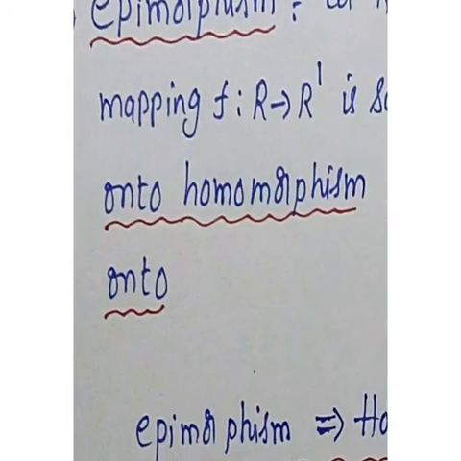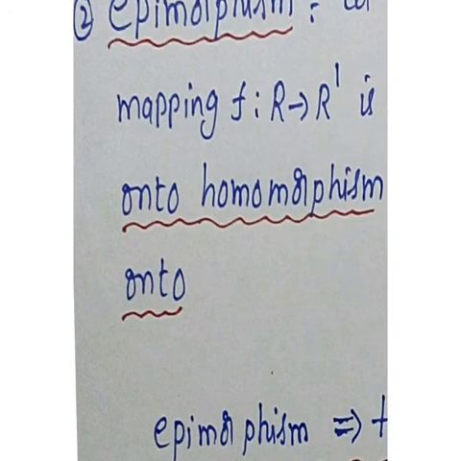Then we go for epimorphism. To understand epimorphism, we need the onto function. We say that f from A to B is an onto function if for all b belongs to B, there exists a belongs to A such that f(a) = b. We know that.